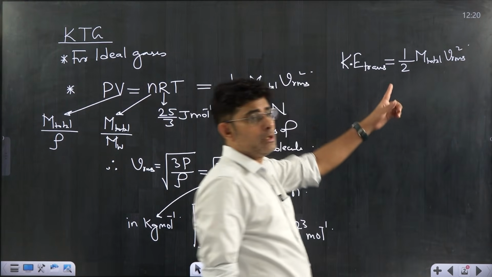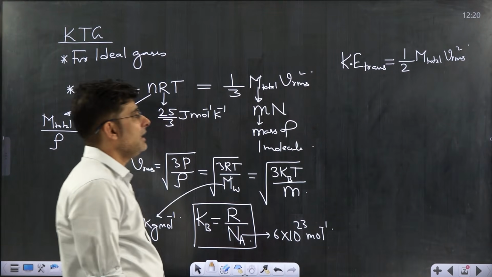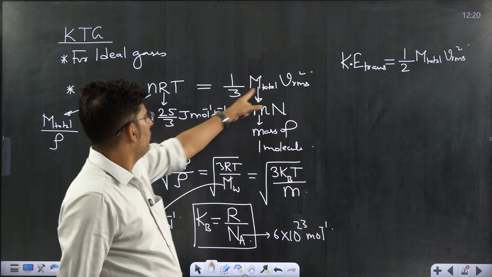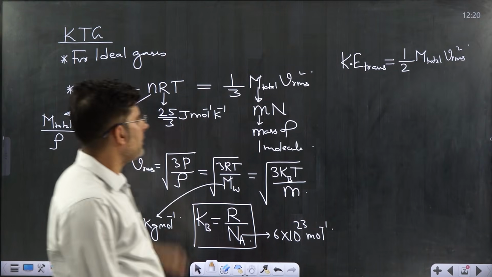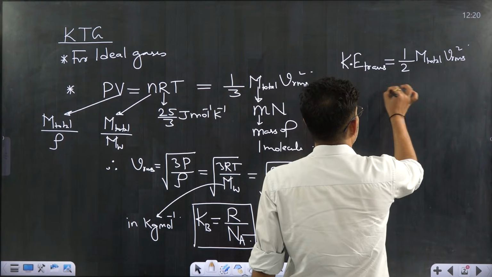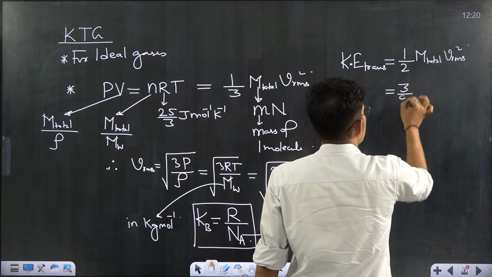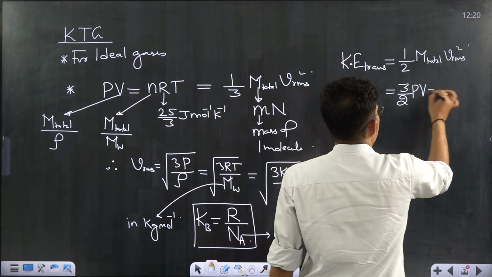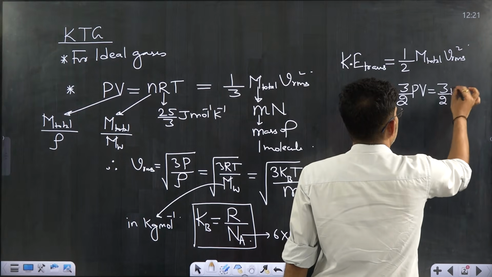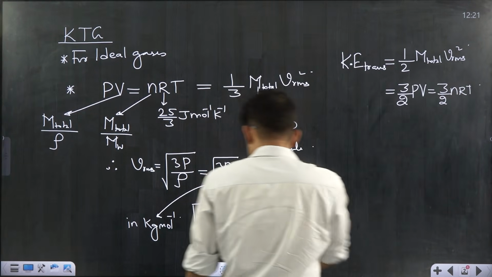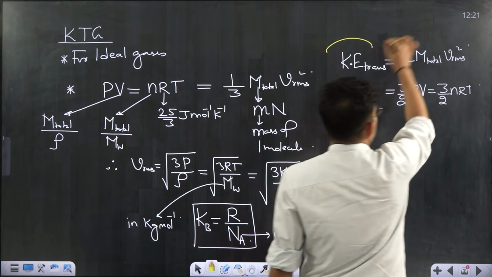This is not the total kinetic energy, it is the translational kinetic energy. Since m_total V_RMS square can be written as 3PV, we can write this as 3/2 PV, or 3/2 nRT. This is also one very important form. You should remember this.